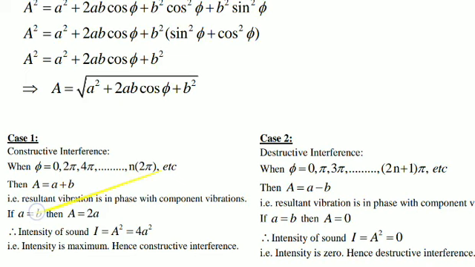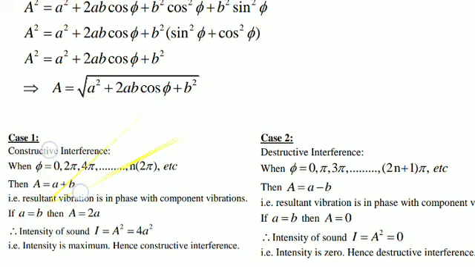Now you see, the intensity is directly proportional to the amplitude. Therefore this formula will tell us when we will get constructive interference and when we will get destructive interference. If you look at this formula, it is the square root of a square plus twice ab cos phi plus b square. So when this value will be maximum, a will be constant, b will be constant.